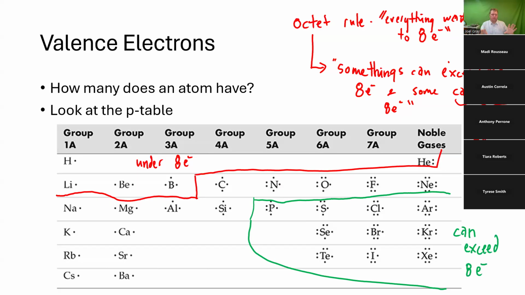And when you look at this, it's a fair thing to say that, among things that go under, things that exceed, and things that actually want to reach that octet, there's maybe not a whole lot that wants that 8 electrons. And I would say that is a fair assessment. But I would add a little detail, and that is: not common.